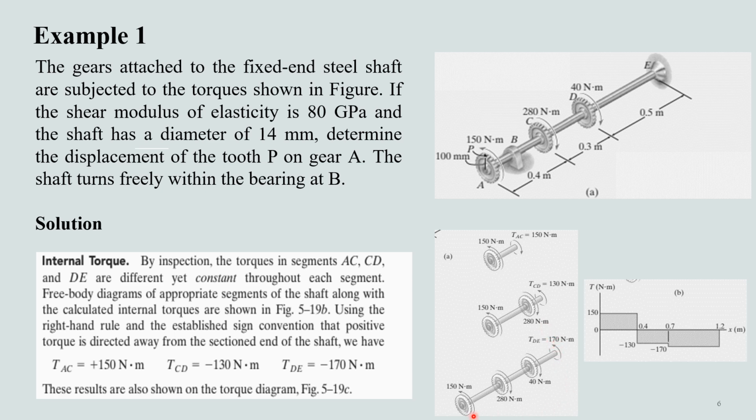And similarly in the segment DE, the torque at this location will be the sum of the torque of 150 minus 280 minus 40, and it will be actually minus 170 Newton meter. So now based on these torques, we will use the equation derived in the previous section to determine the angle of twist of this end A with respect to the end E.